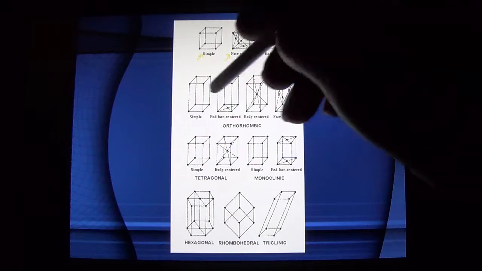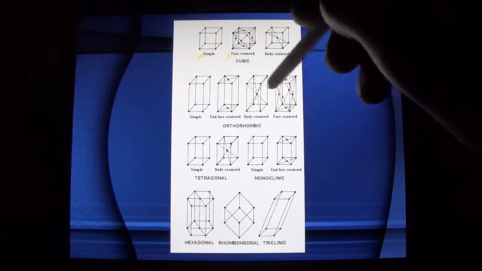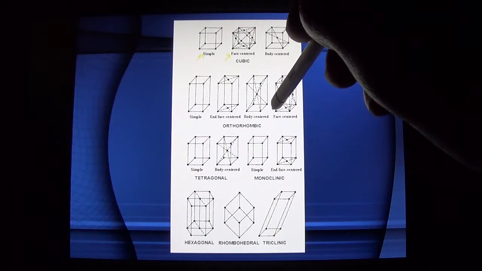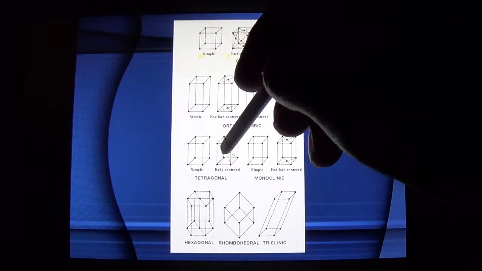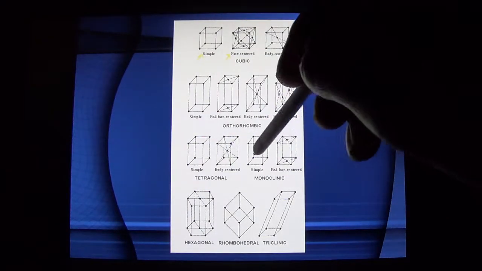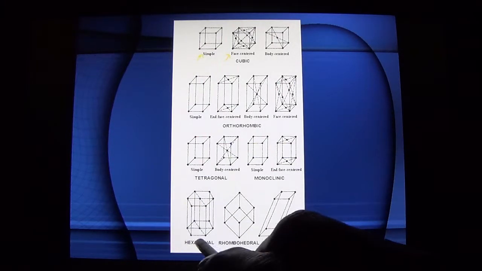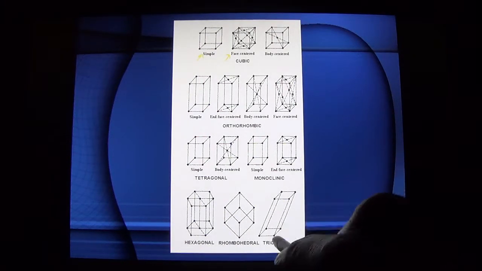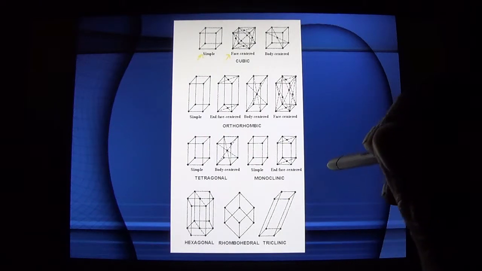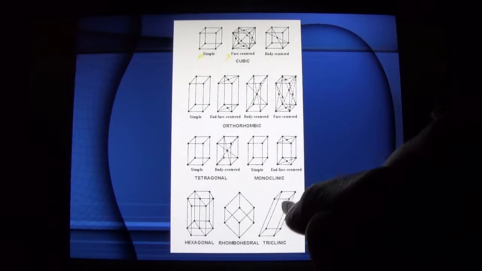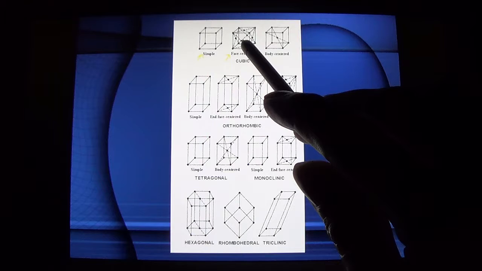There's some more like rectangular shapes or rhombic. There's some tetragonal shapes. There's some monoclinic shapes. And then we even have some hexagonal shapes and some rhombohedral shapes and some triclinic shapes. And so don't be like, oh, well, how do I get sodium chloride to go from this to this?